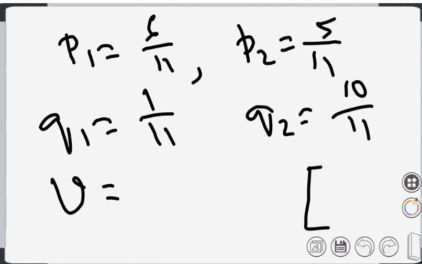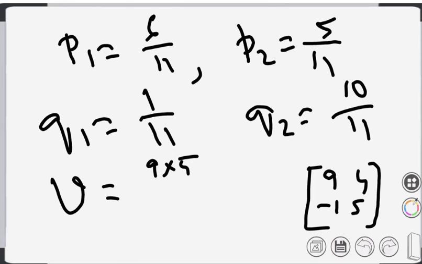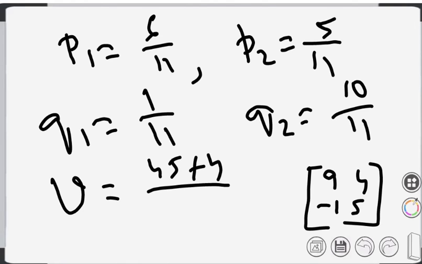Sir, 9, 4, minus 1, 5. So V is 9 into 5, that is 45. Because of this minus, this will become plus 4, and the denominator is 11. So that is 49 by 11. 49 by 11 is 4 point something.